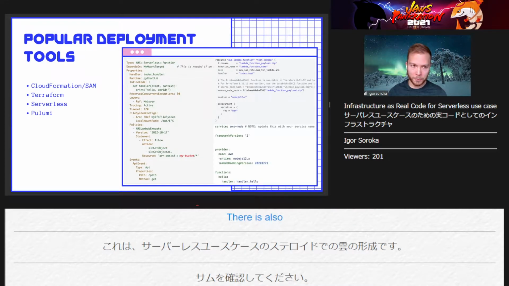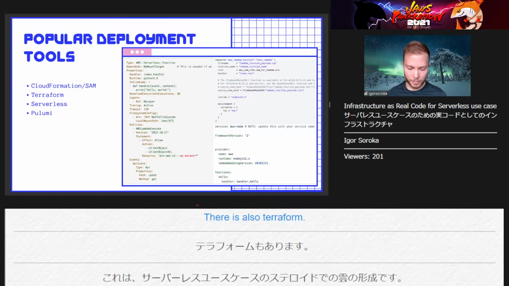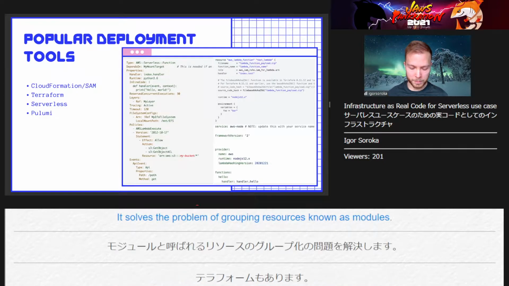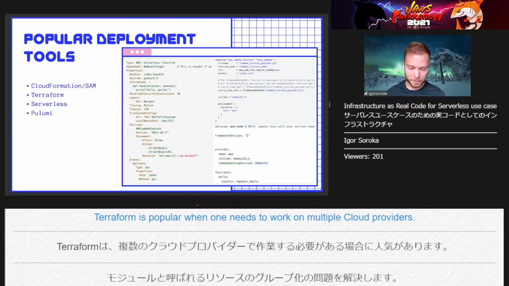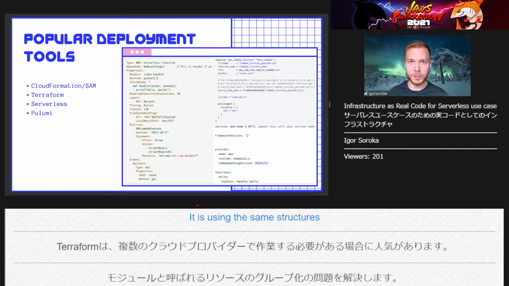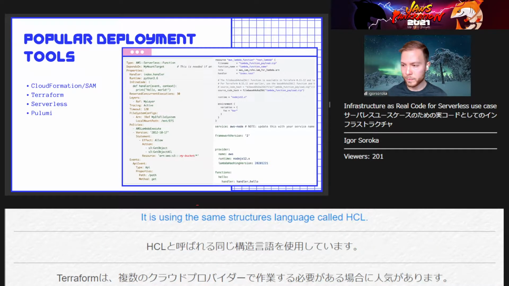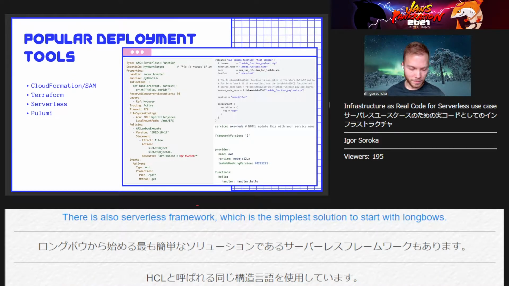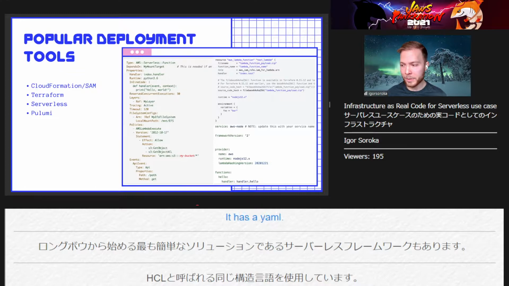There is also Terraform. It solves the problem of grouping resources, known as modules. Terraform is popular when one needs to work on multiple cloud providers. It is using a structured language called HCL. There is also Serverless Framework, which is the simplest solution to start with Lambdas. It has YAML configuration, though.